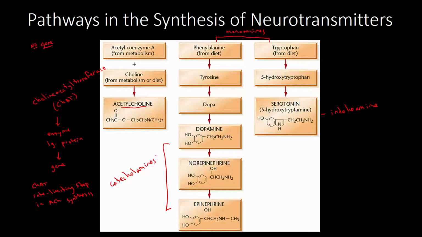Now, if I want to make catecholamines, first I have to eat phenylalanine. That'll get converted into tyrosine. There's an enzyme called tyrosine hydroxylase. I want you to know that.